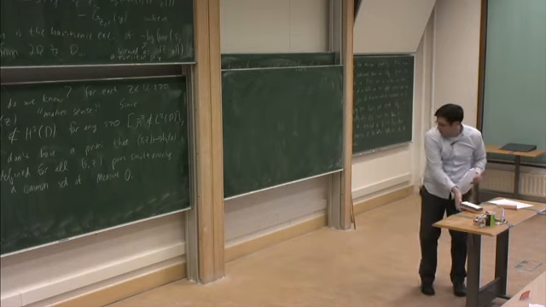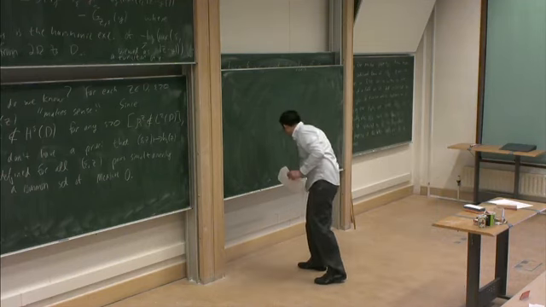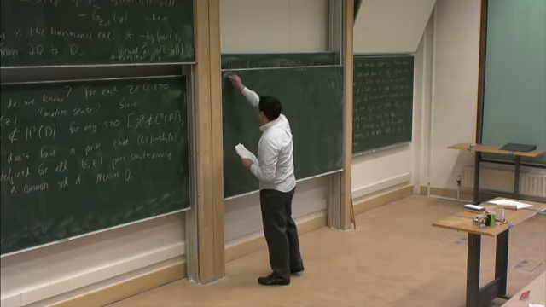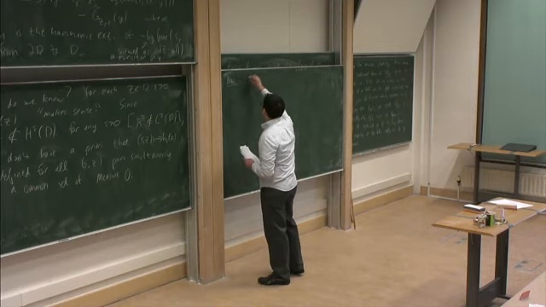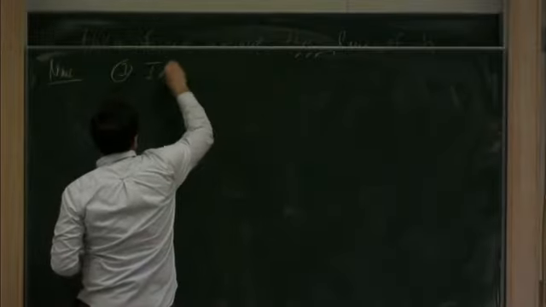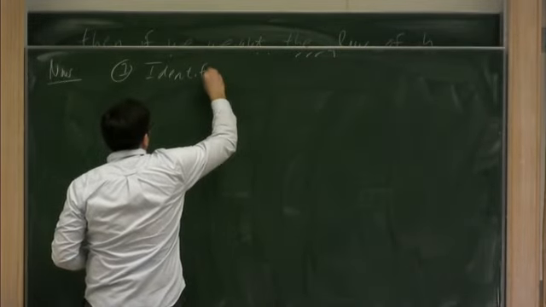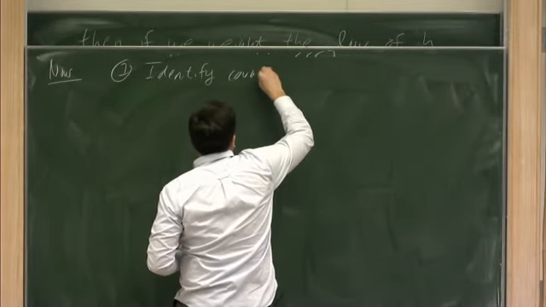And yeah, so what do we do? We're first going to identify the covariance function for our Gaussian process.